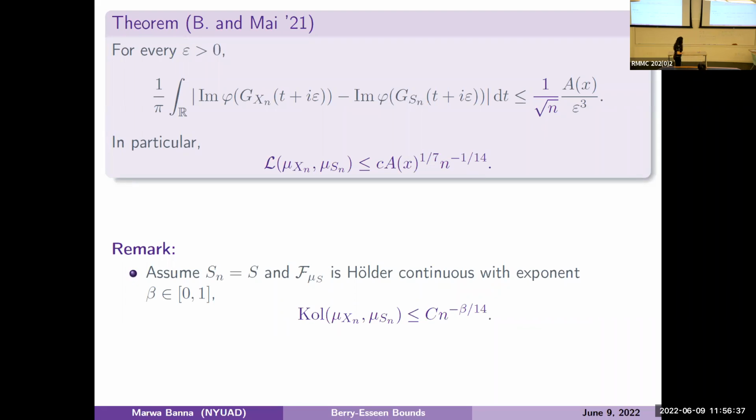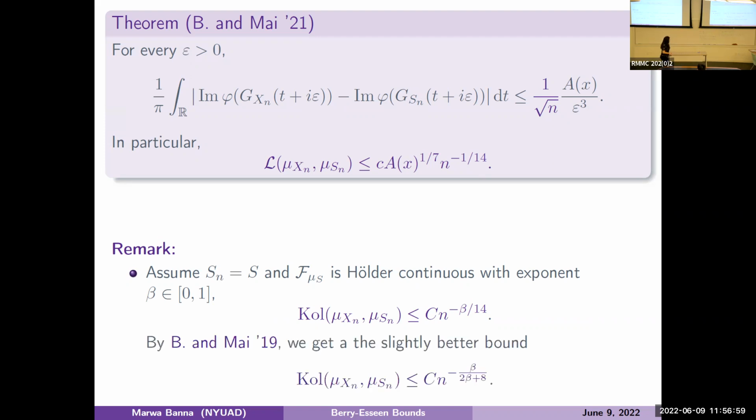So, okay. Now, if we assume that we have Holder continuity for F mu of S, and that Sn is independent of n, of course, then we can upper bound the Kolmogorov distance by the Levy distance to the power beta, so we obtain this bound.